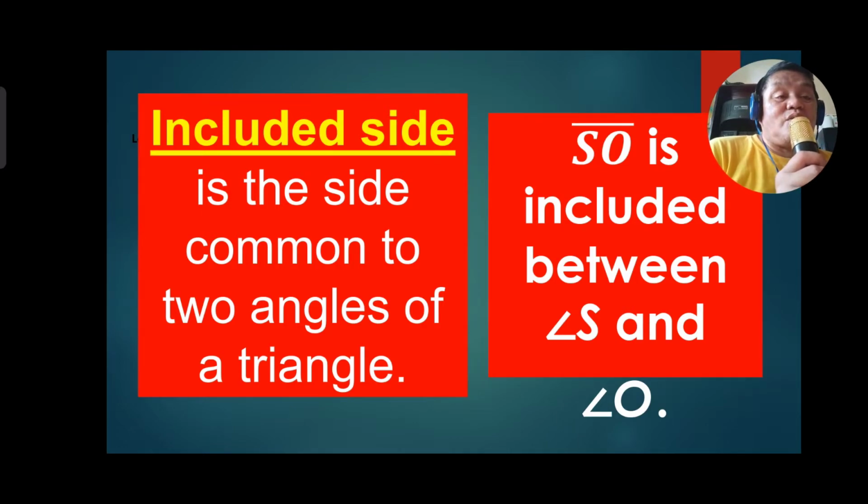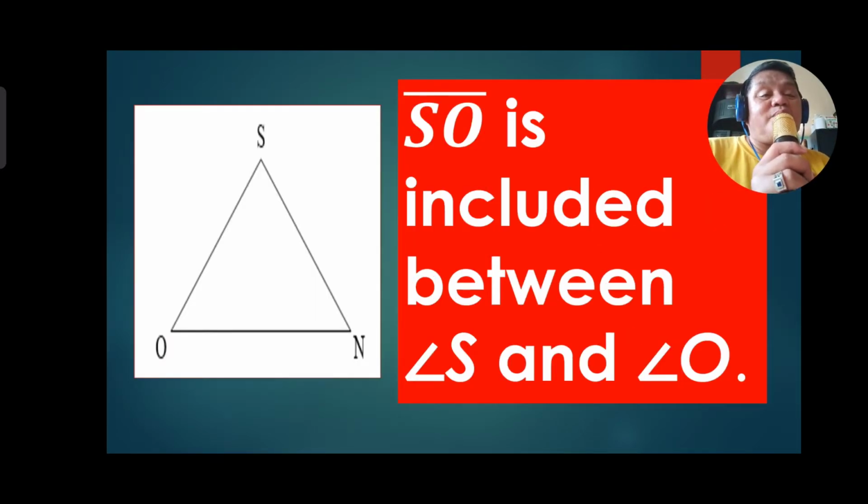For you to answer quickly, look at the two angles, each named by one letter. We have angle S and angle O. This time, use the two letters, S and O, and we have side SO as the included side between angle S and angle O.